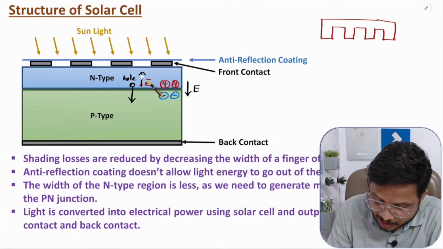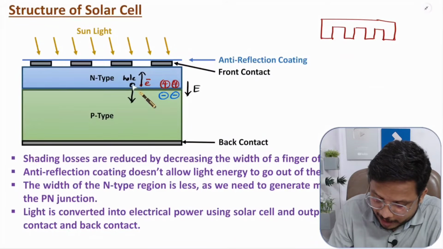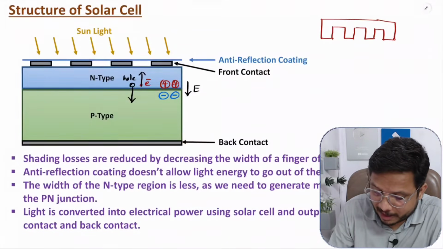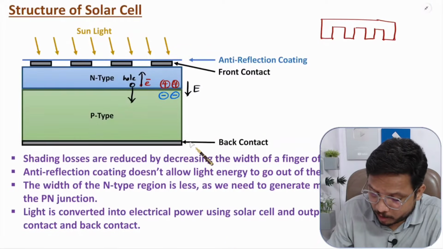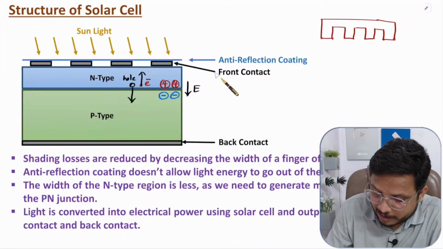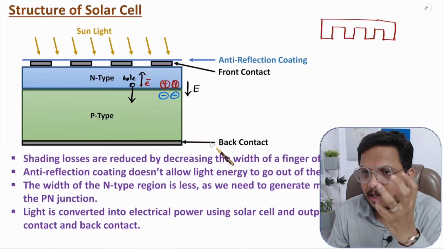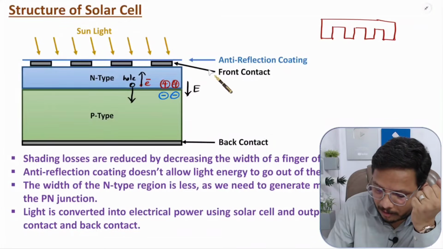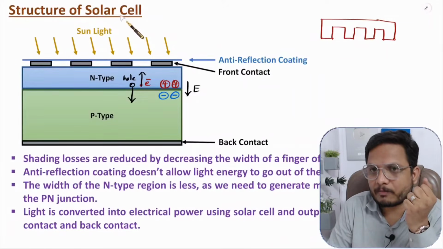So there will be collection of electrons over here at the upper end, and collection of holes at the lower end, right? And here we have the front contact and back contact. So at these two terminals, you will experience some voltage, right? And that is what we refer to as a solar cell.